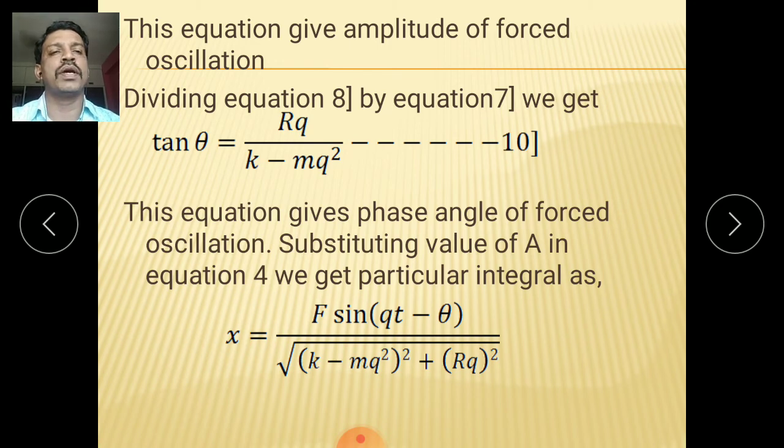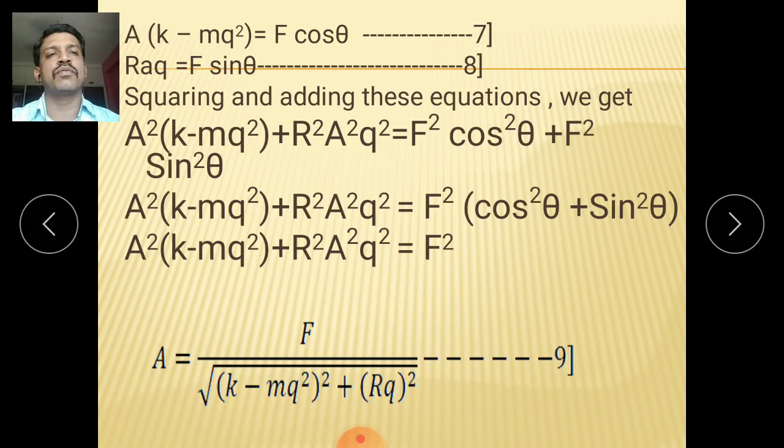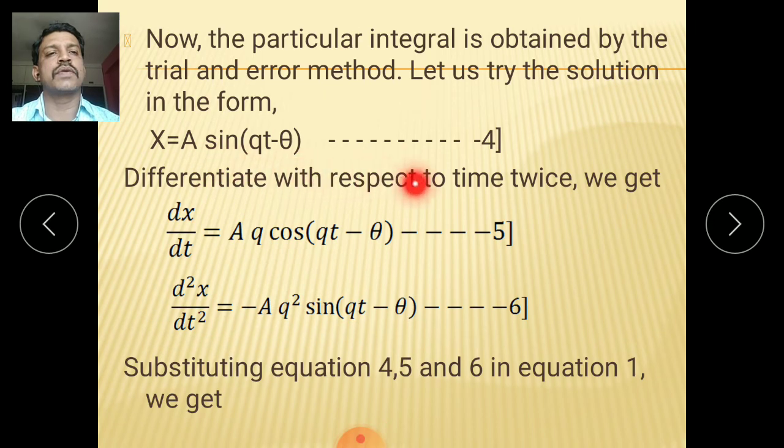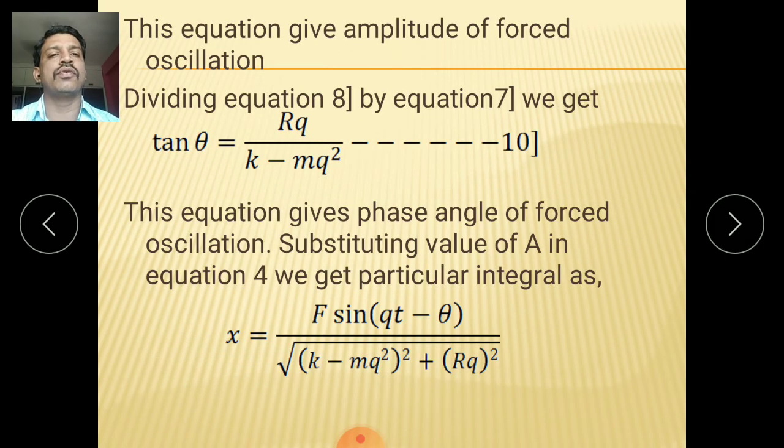Substituting the value of a in equation 4, we get a particular integral. Already we have this equation, equation number 4, with solution. Now we just keep the value of a. What is the value of a?